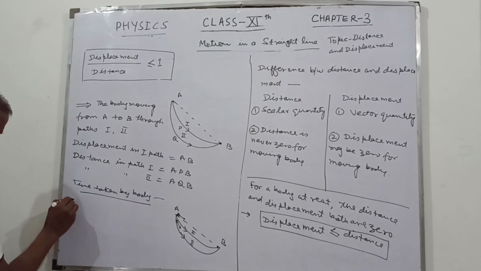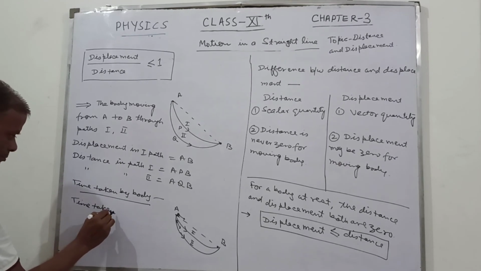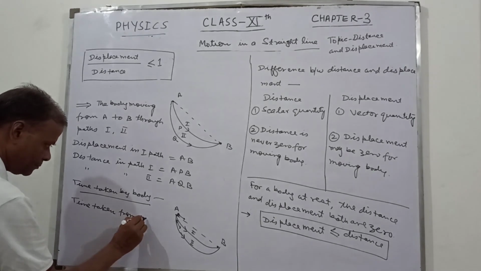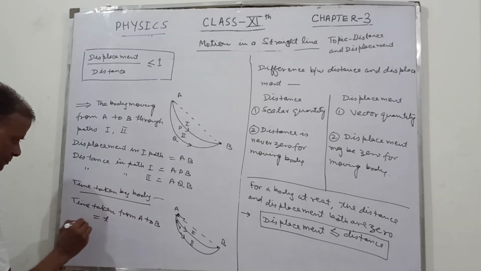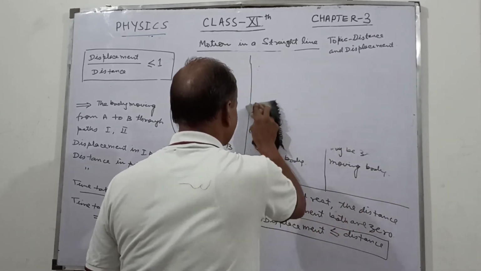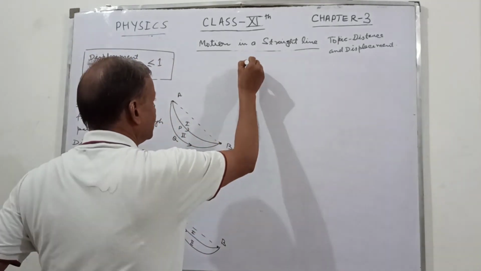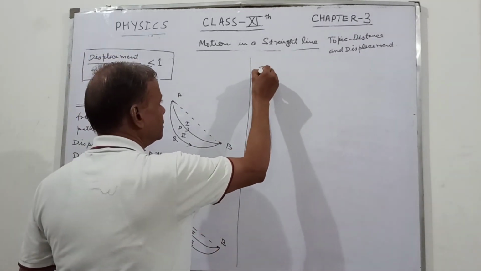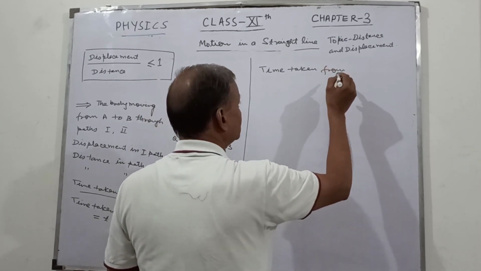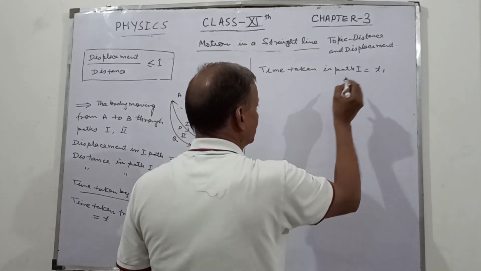Then time taken from A to B. मान लेते हैं कि ये टाइम यहाँ पर T होता है, and time taken in path first is equal to suppose T1.